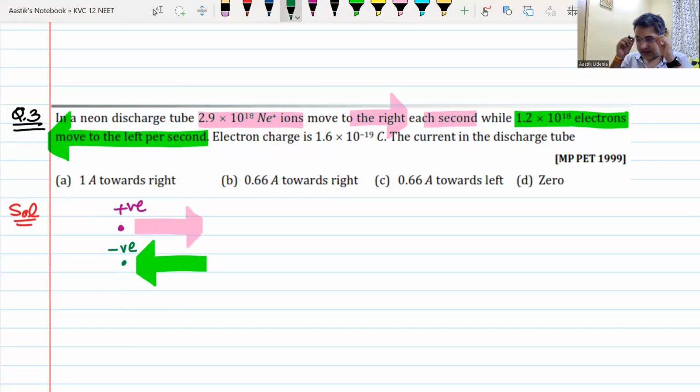In which direction is the current flowing? Is it flowing in the pink direction or is it flowing in the green direction? Yes, pink direction. And both of them are getting added or subtracted?